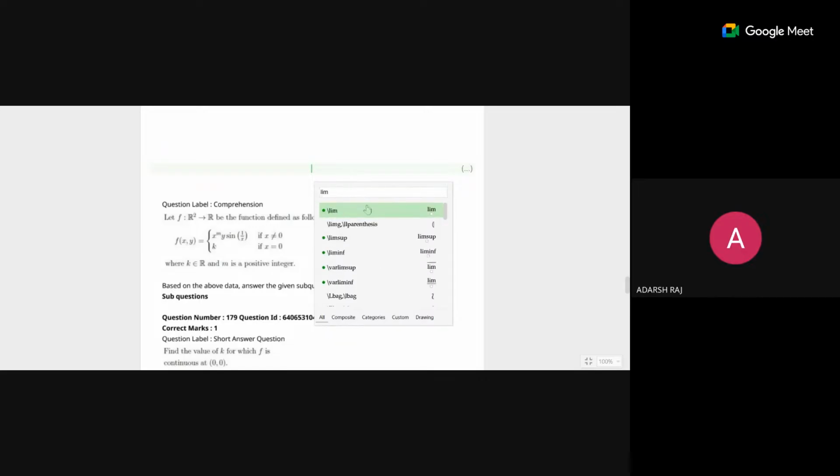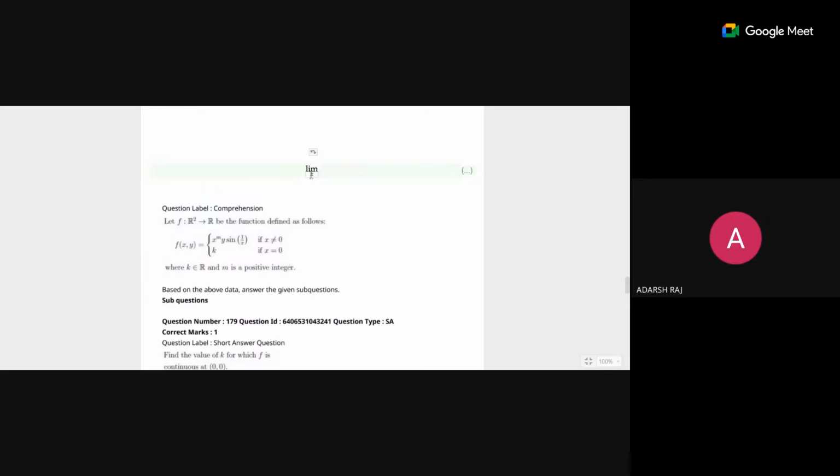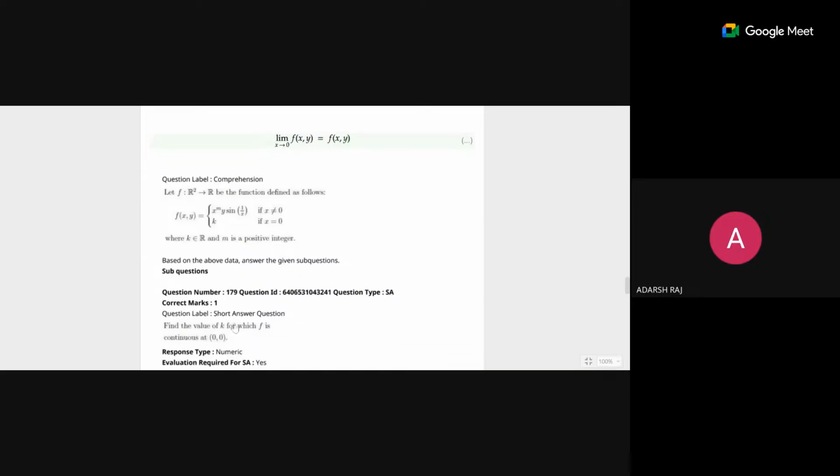Yes, this is the definition. The limit of the function as (x, y) tends to (0, 0) is equal to the value of the function at (0, 0). Here we have to find it at (0, 0).